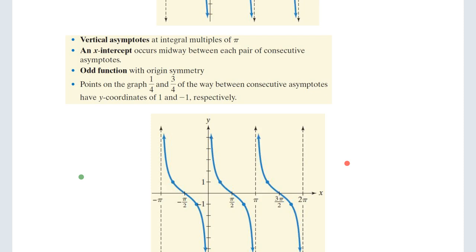And then the range is all real numbers, because as you see, it increases infinitely and decreases infinitely, continuously. The symmetry and the asymptote we already went over. All right, so next up, let's go ahead with the example.